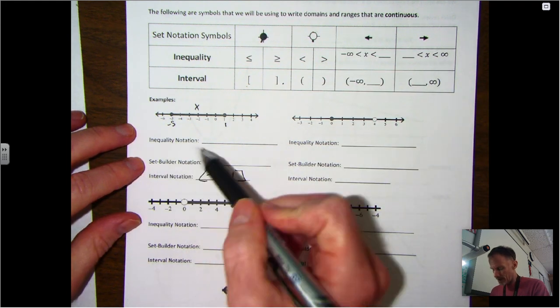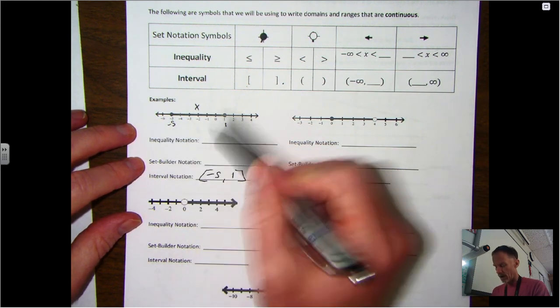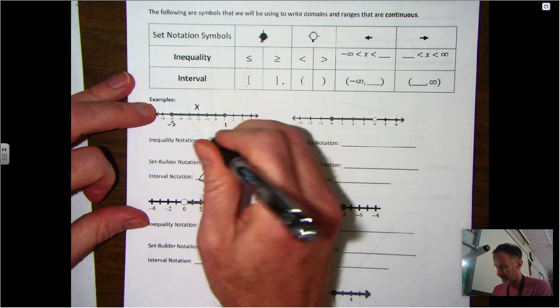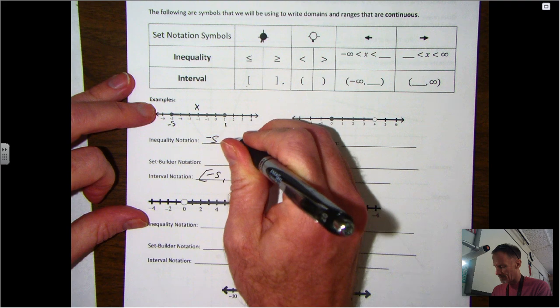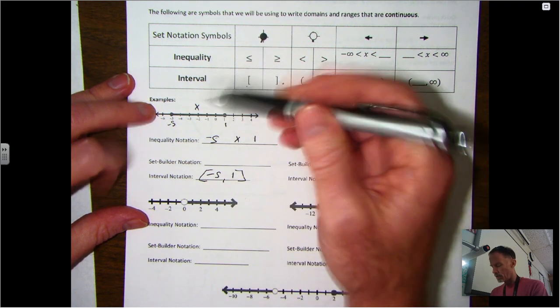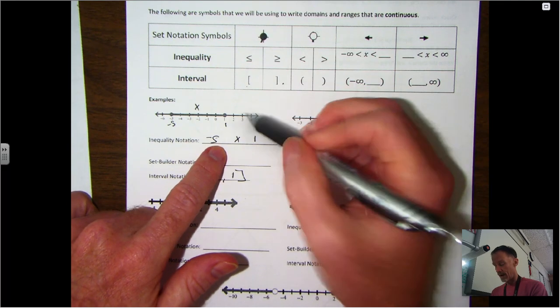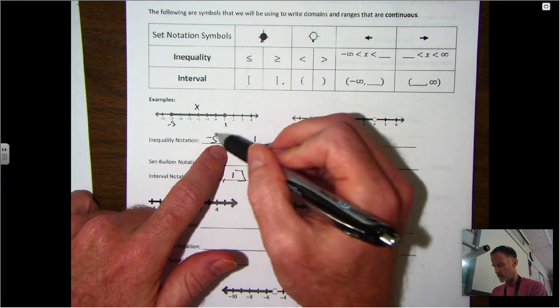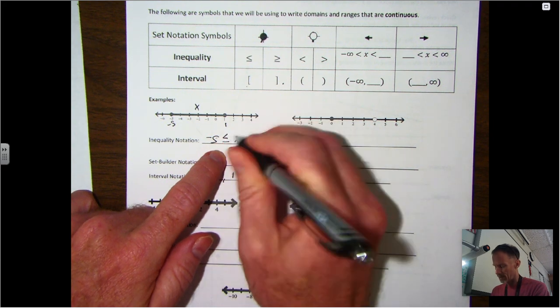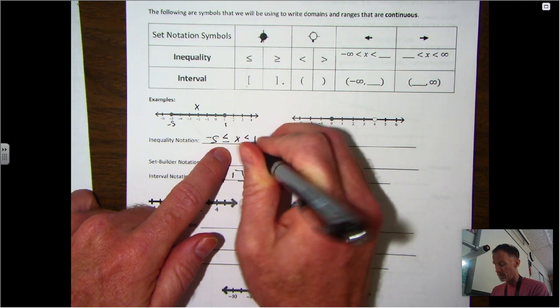For the inequality notation, again, this is really why I call this a sandwich, because x is between everything, so -5, x is your ham and cheese, and then your 1 over here. Now, all we have to do is put the symbols in. When it's a sandwich like this, when x is between these two things, you'll use less than or equal to on both of them.